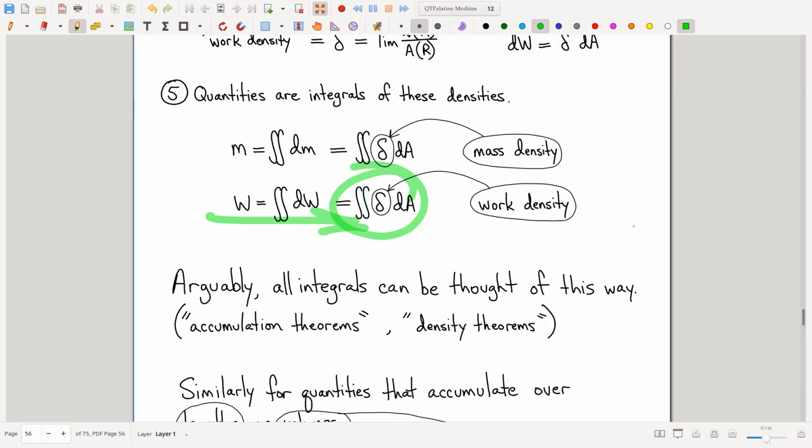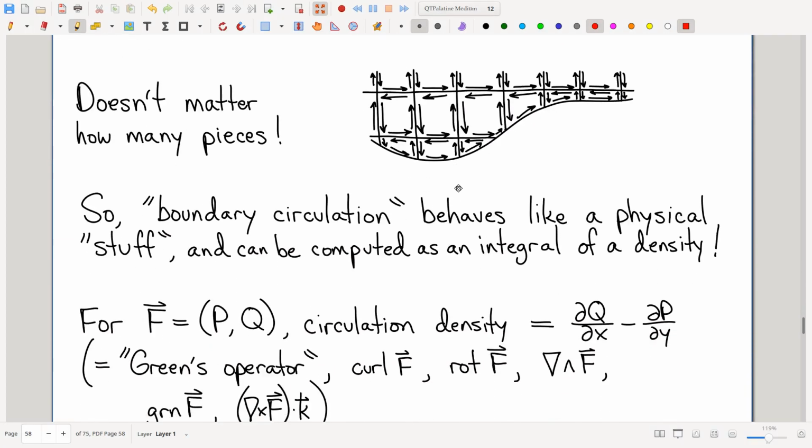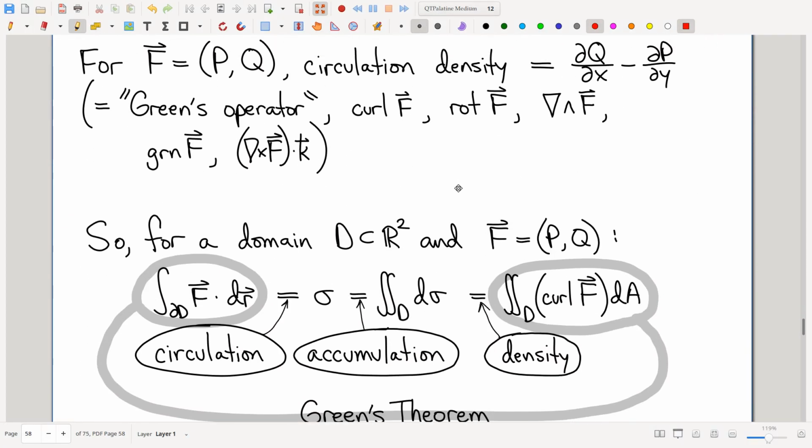It's an accumulating quantity, so we can write it as an integral. And that's all Green's theorem is, as it turns out. So here is the resulting Green's theorem. We were looking at this quantity defined on areas, namely circulation. Remember, we use this little sigma symbol, lowercase letter sigma.